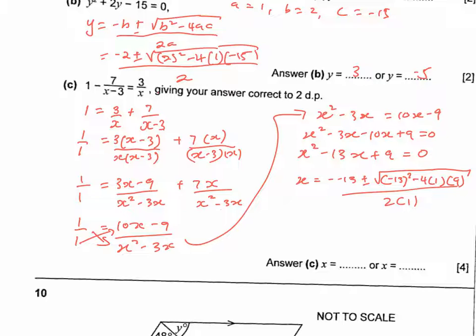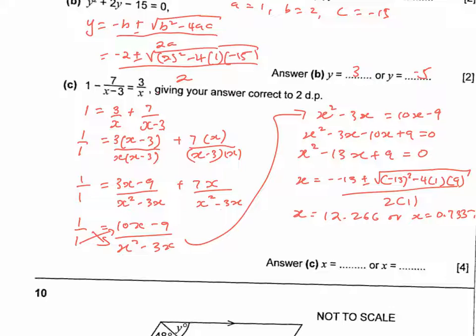Okay, if I use my calculator, I get one value of x is 12.266, or if I put a minus, then I have x is 0.7337.